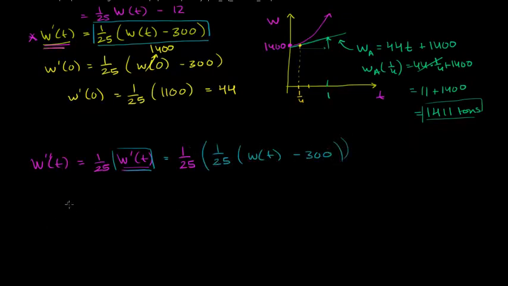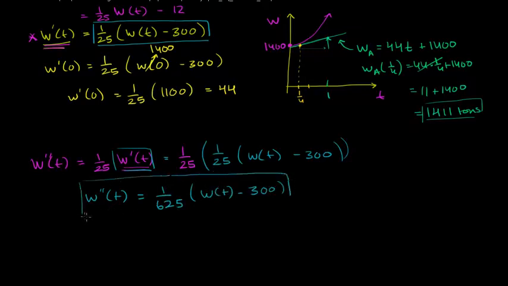And so we can say the second derivative of w as a function of t is equal to 1/625 times w as a function of t, minus 300. So we've done the first part. We've found the second derivative of w in terms of just w.